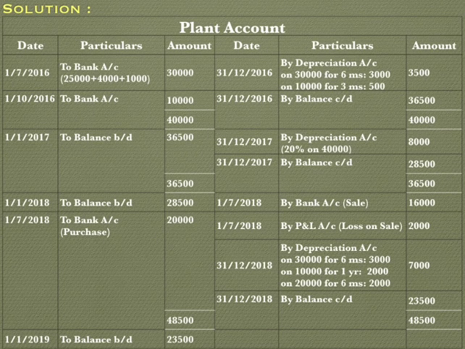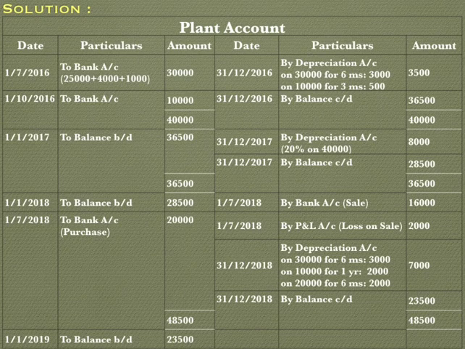Friends, we have sold the plant of 2016 in 2018. The cost of the plant was rupees 30,000, which we have sold for rupees 16,000. Now we have to see whether we have made a profit or suffered a loss in this transaction.